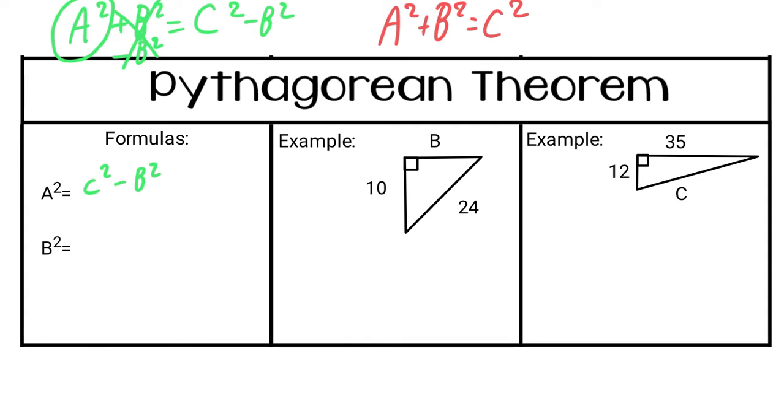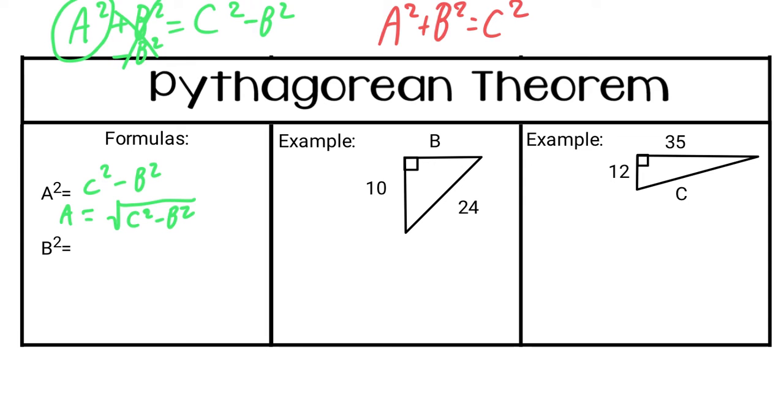Now, just like before, where we said to get c by itself, we have to take the square root, we also have to take the square root to get a by itself, because the opposite of square is square root. So that leaves us with a is the square root of c squared minus b squared.